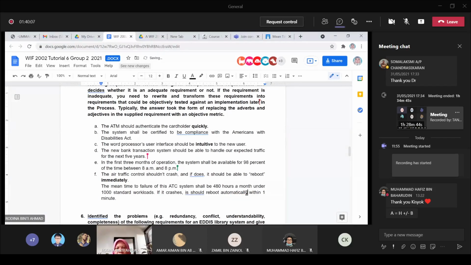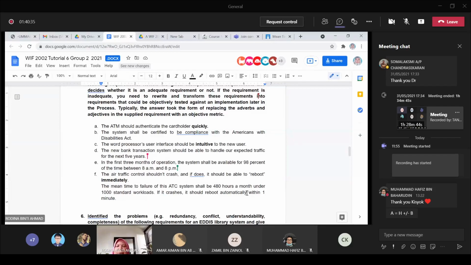So you mentioned the lifespan of the system, how long it can function without failure, without crash. That's usually the metric we use: the mean time to failure. And then you mention within how many hours, that is, how long it can last before you need some maintenance.